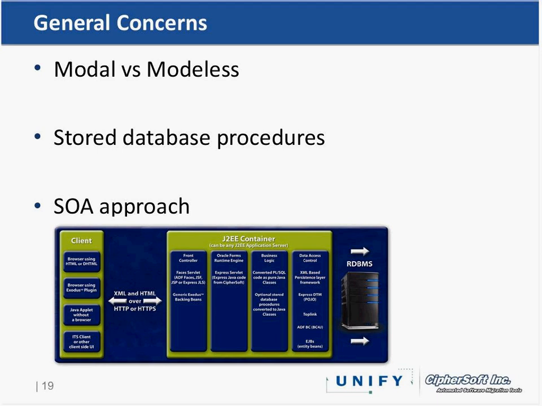Now, the Exodus architecture supports this approach as these layers are separated as much as possible in the conversion. If you look at the illustration here, you can see we have that client layer. In fact, we have some different options for the client layer. And then the business logic as well as the data access logic, you see these different columns. I know it's kind of hard to see in this slide. It's a little small, but I just wanted to give a little illustration so you can see that.